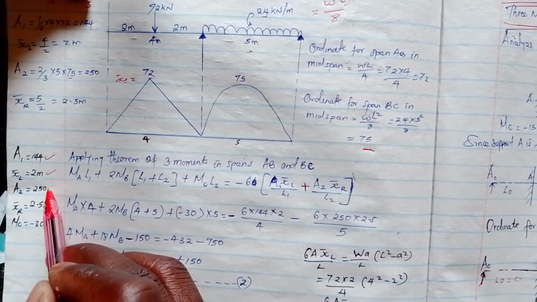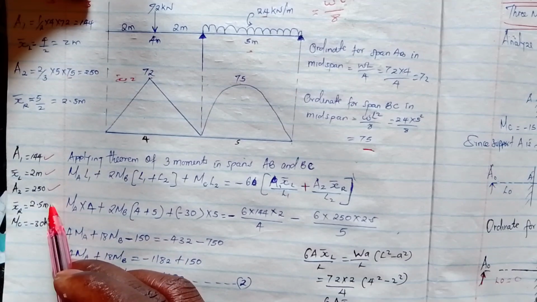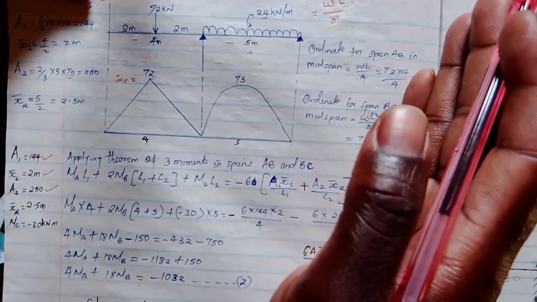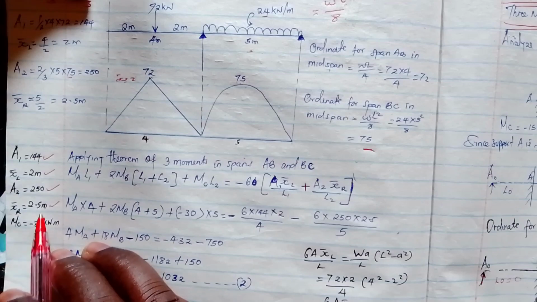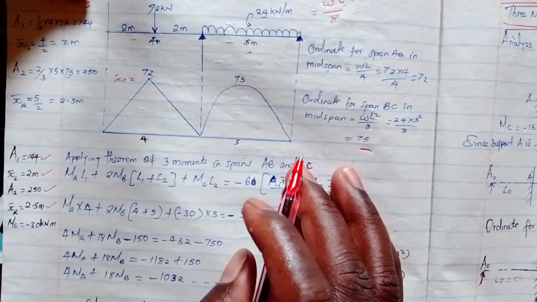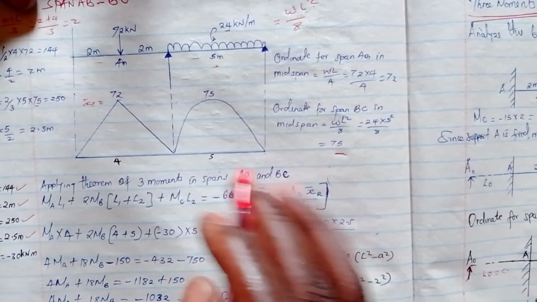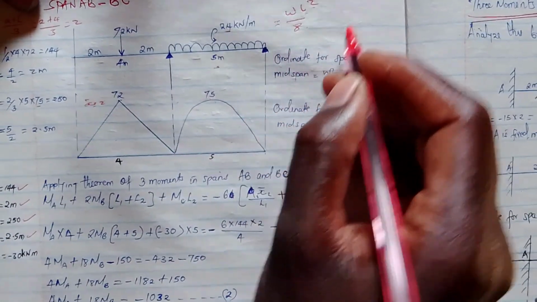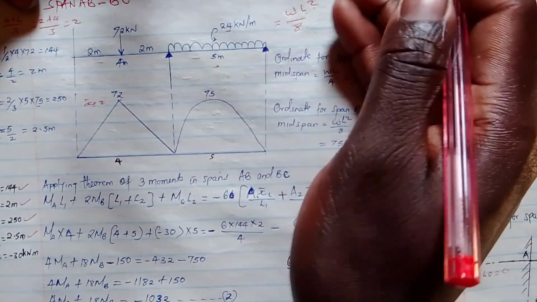The second area is 250, and the center of gravity at the right is 2.5, because 5 divided by 2 is 2.5. The moment at C, we calculated to be negative 30.